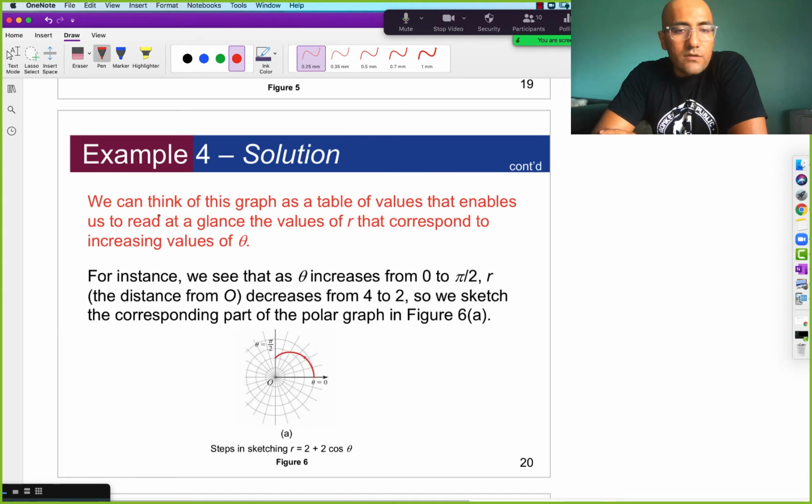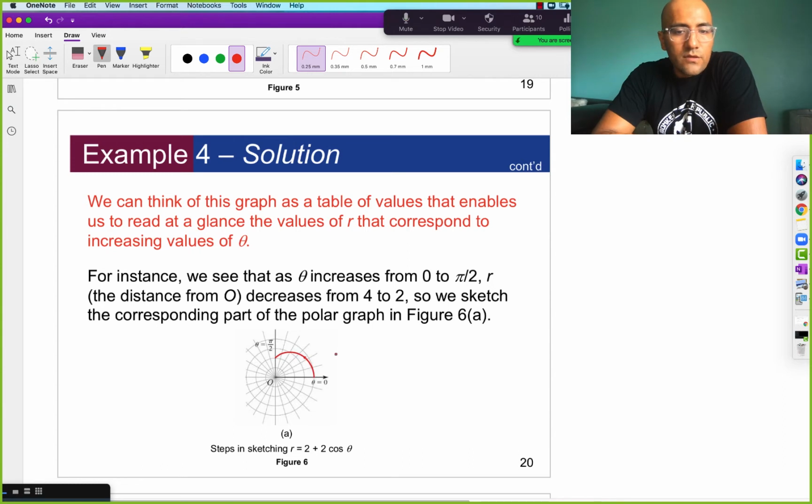Good. So in quadrant 1, theta ranged between 0 and pi over 2, and we can see that the R distance started at 4, 1, 2, 3, 4 units, and it slowly gets smaller and smaller until we get to pi over 2.